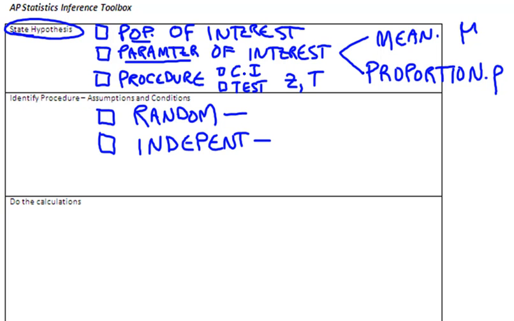So remember we said for means, if my sample size is greater than 30, I could also, in proportions, as long as the population was at least 10 times as big as the sample size, and then normal.